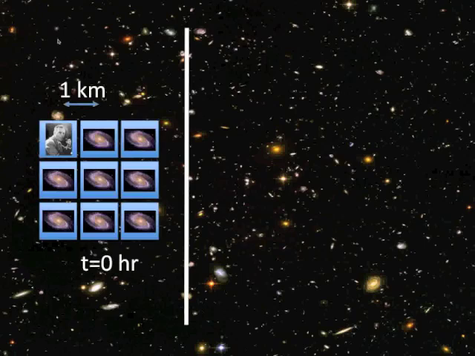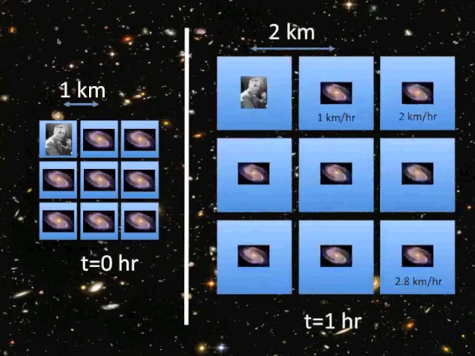So if the universe is expanding, we can think of a scaled down scenario, of course, in which an hour later, let's say by time 1 hour, the universe has expanded to double its size. So now every galaxy is separated from its neighbor by 2 kilometers. So this is an expansion of space itself by a factor of 2 over 1 hour.